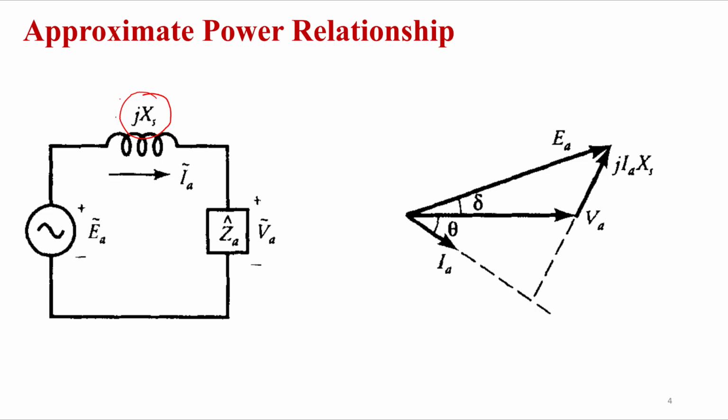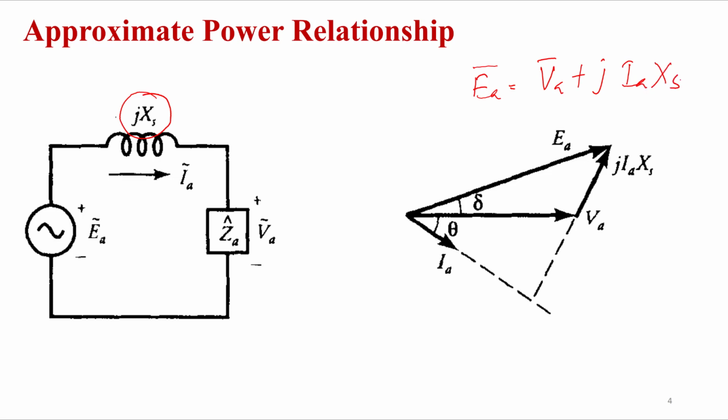Here we can see the phasor diagram for the lagging power factor, that is IA lagging VA by the angle theta. Then EA can be drawn by adding EA equal to VA plus J of IA XS, right?